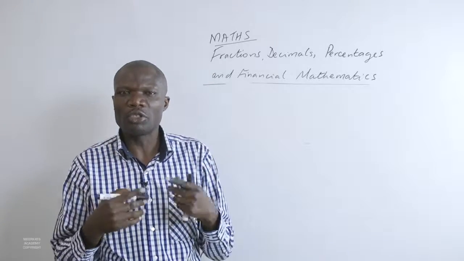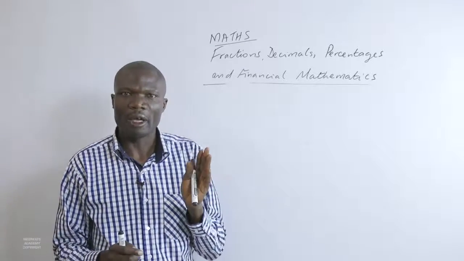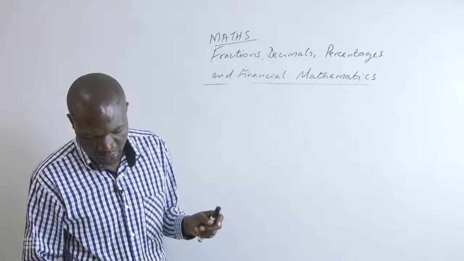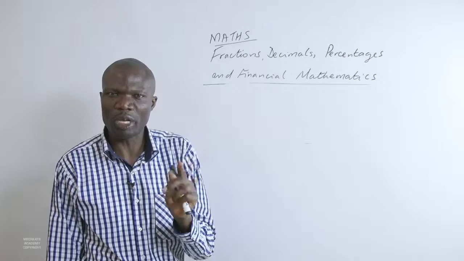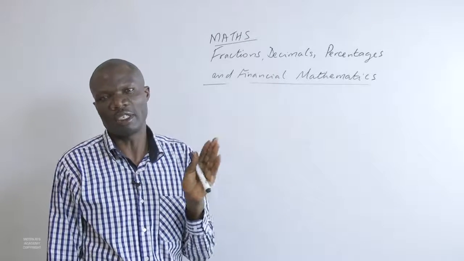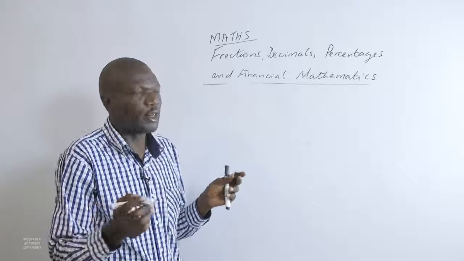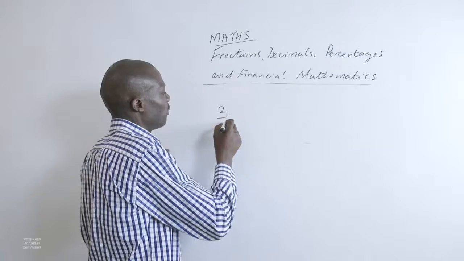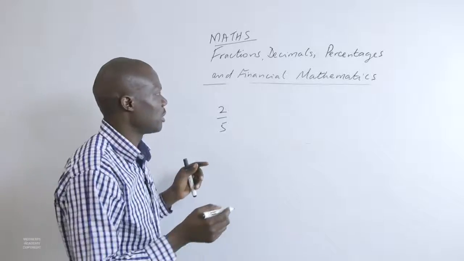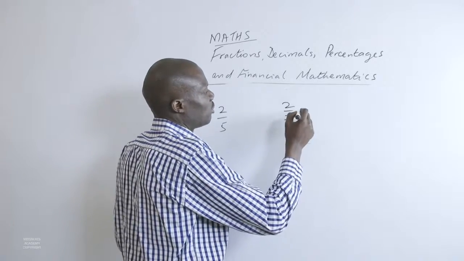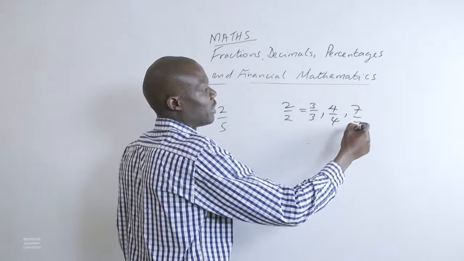Equivalent fractions are also formed by multiplying or dividing by a number that is equal to 1. Now, let us take a fraction like 2/5. When we talk about a number that is equal to 1, there are so many numbers: 2/2, 3/3, 4/4, 7/7.